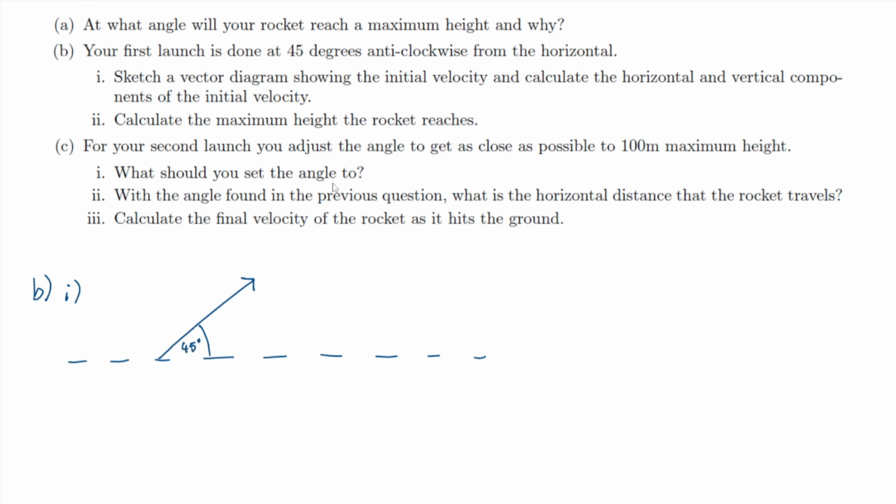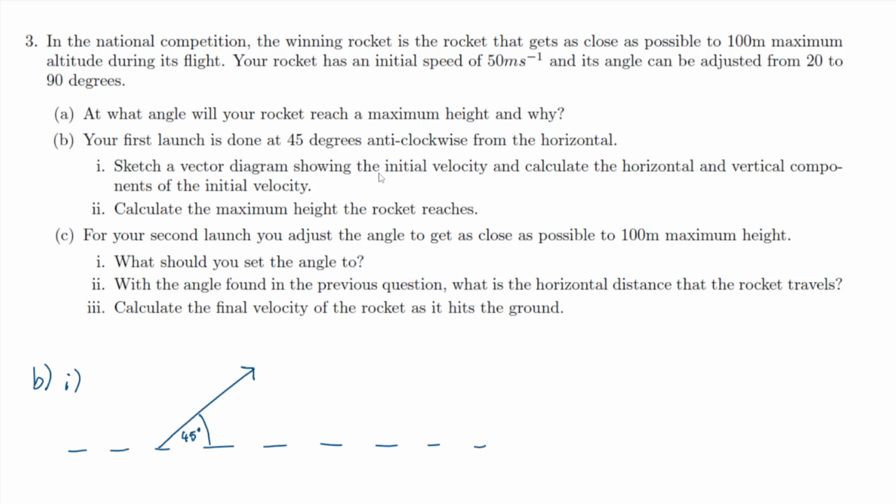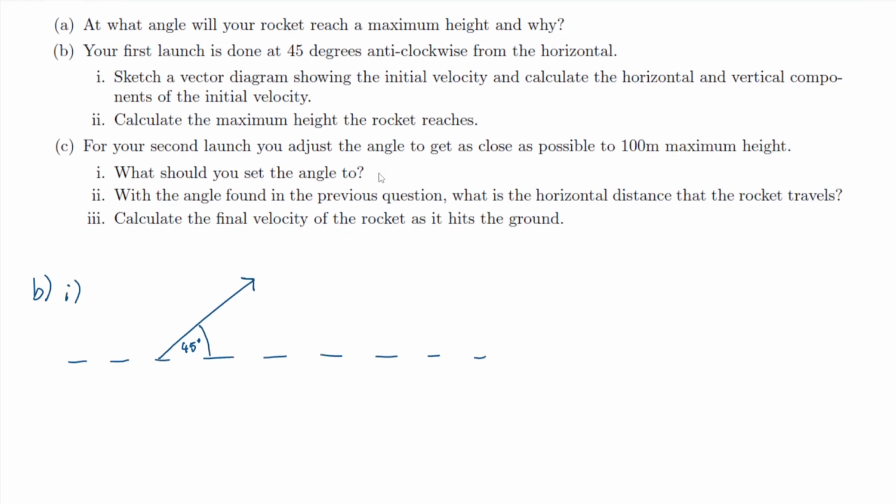Up and to the right, northeast. Now this is our resultant vector, so it is the initial velocity, and we were told that that would be 50 meters per second. Alright, its initial speed is 50 meters per second.